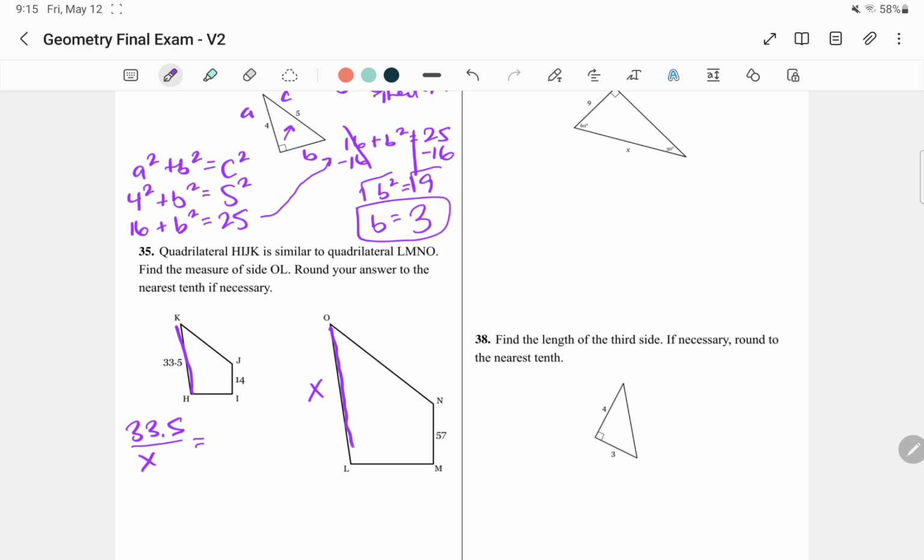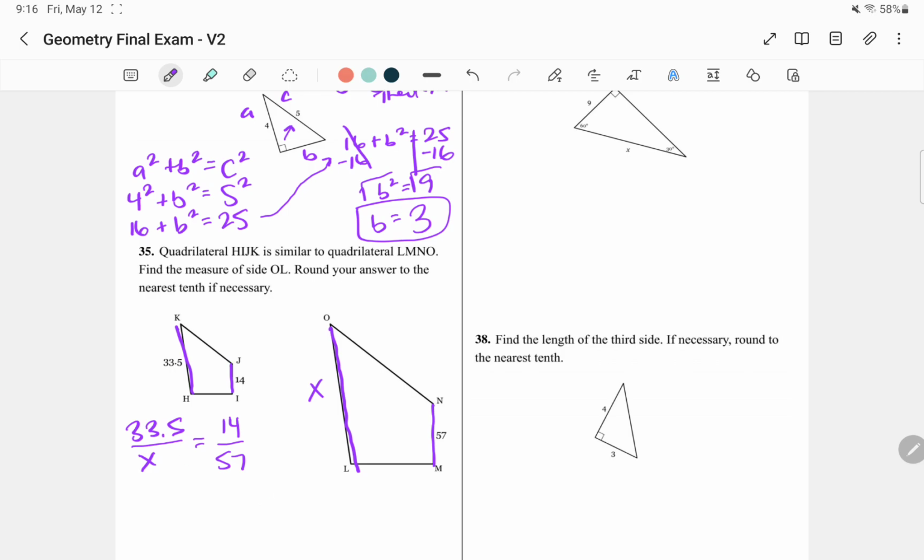I can just look at it, but also HK, first and last letter, lines up with LO. So that's my first ratio. And now I have 14 over 57. Again, just go from left to right, stay consistent, and make sure you match up the letters.